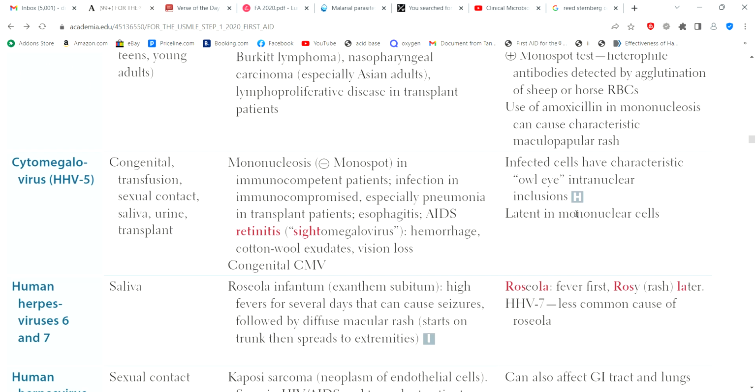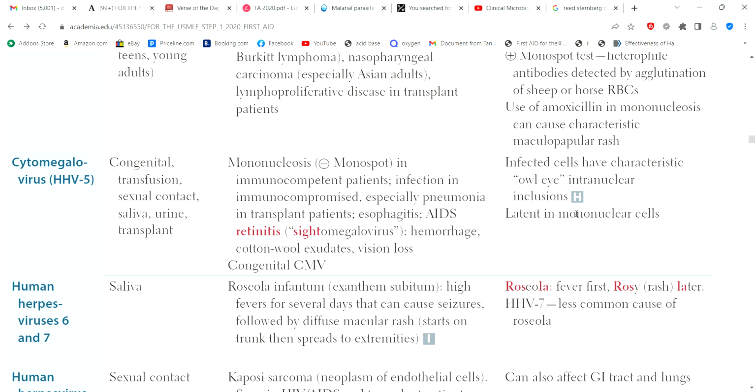Next, CMV. This one is a congenital transfusion infection. You can get it from sexual contact, saliva, urine, or organ transplant. It causes mononucleosis, but it is a negative monospot test in immunocompetent patients.